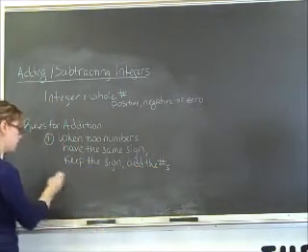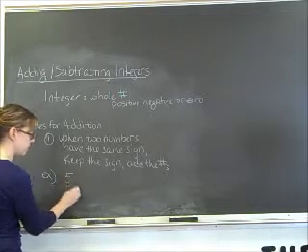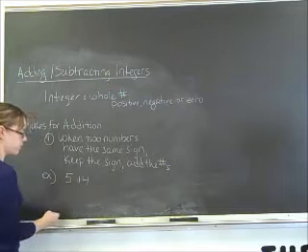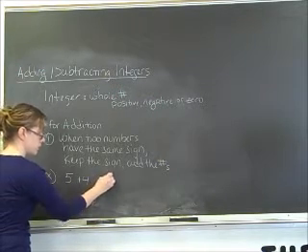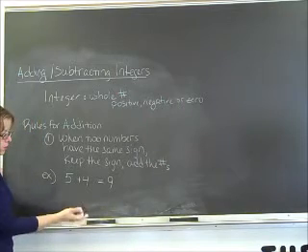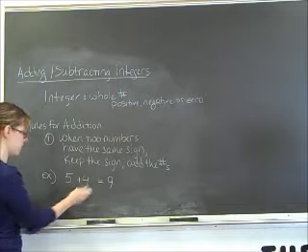So some examples, if both numbers are positive, positive 5 plus positive 4, we keep it positive and add the numbers. Positive 9. And notice that we don't usually refer to this as having a sign in front of it, but it does. It's positive.